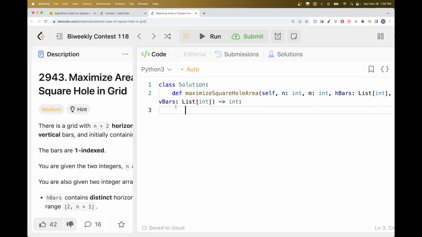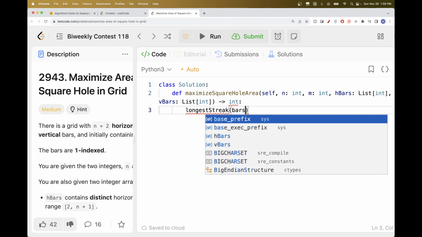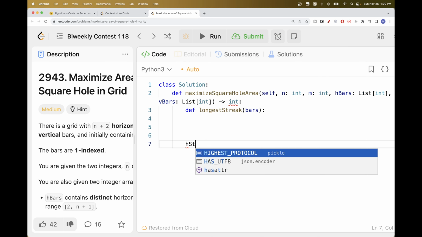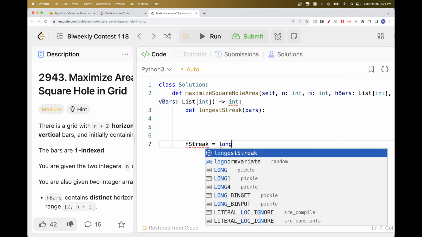Okay, so let's implement this. So first we said we need to get the longest streak for each of the bars. So let's have one function to do it for both. Let's call it streak, and we'll call it with the horizontal bars.